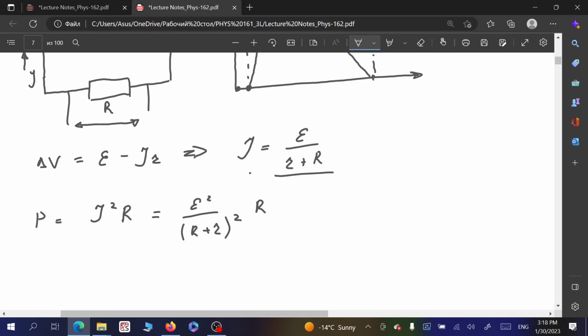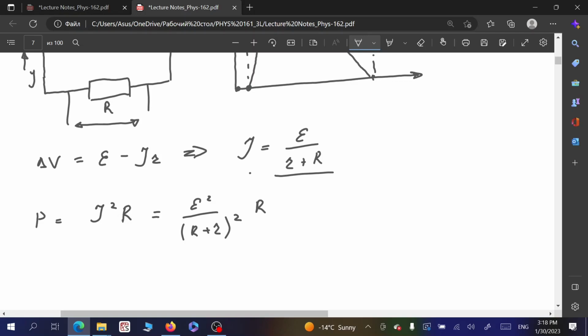And a quite common question is what magnitude this load resistor should be in order to dissipate the maximum possible power under given conditions, when the electromotive force is given and the internal resistance of this battery is also given.